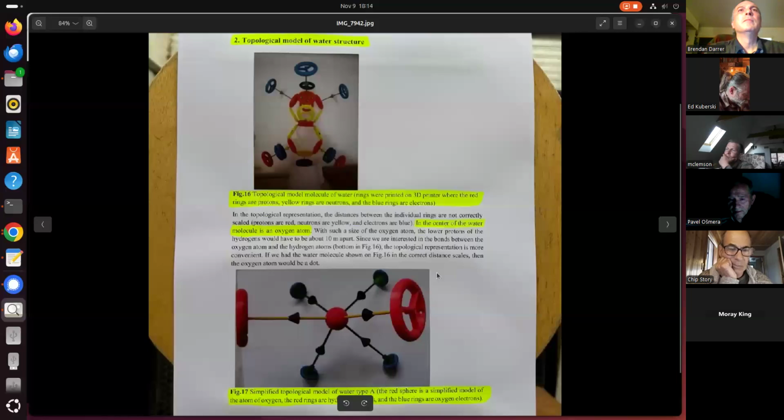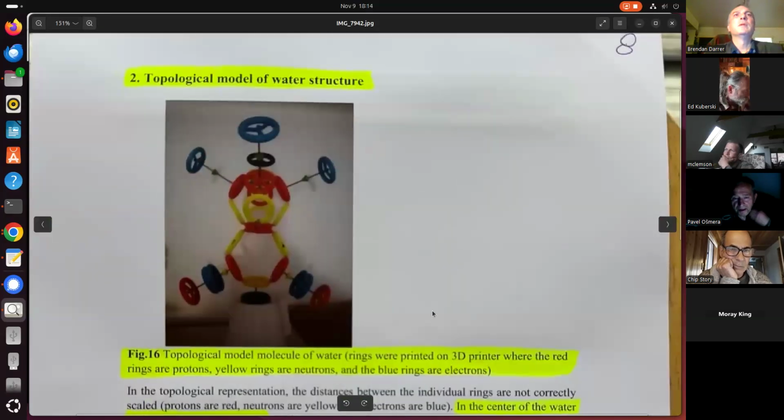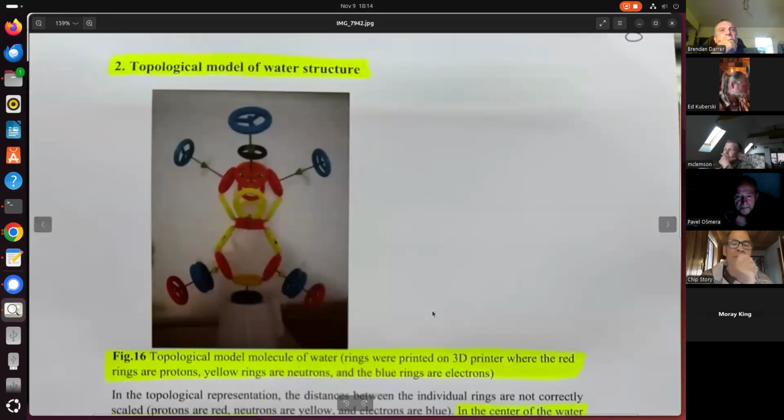About that statement? Yes, this is the structure of water molecules. But this is the topological structure. It is not in real scale. It tries to show the connection of electron, neutron, and protons to each other.